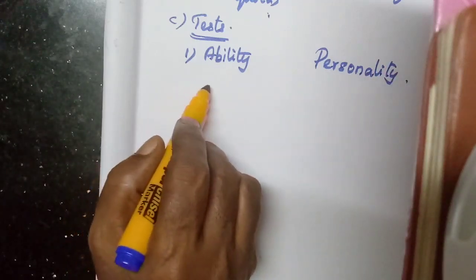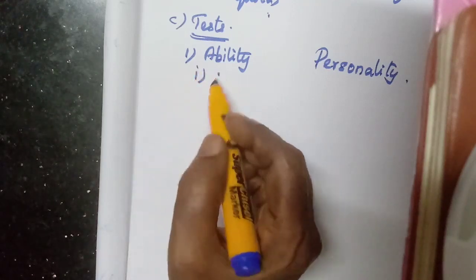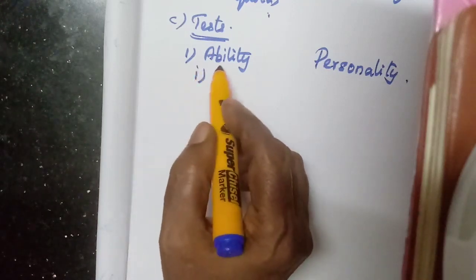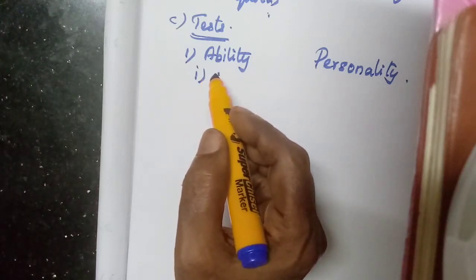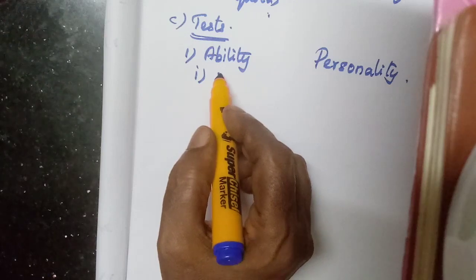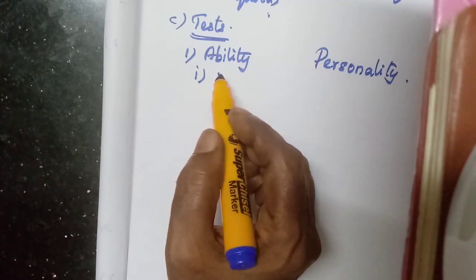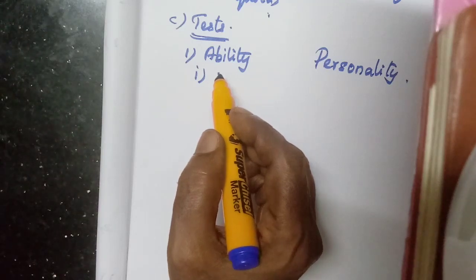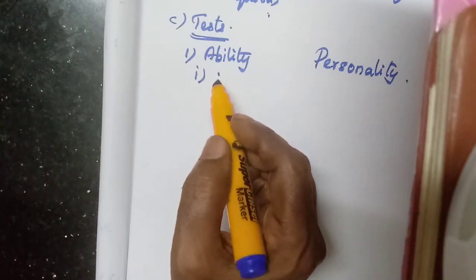What is the ability test? It is again divided into four. But first, what is the ability test? Whether he is able to perform. Whether he has some special skill or problem solving capacity, the knowledge of that particular job, and how about his reasoning ability.